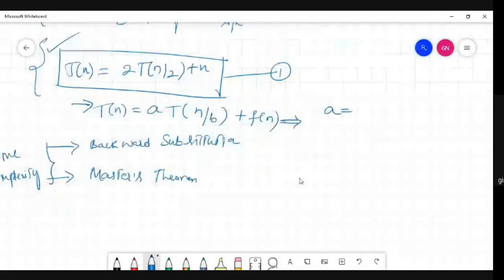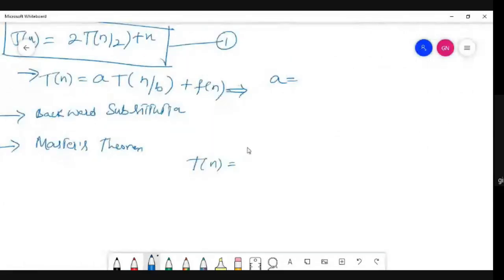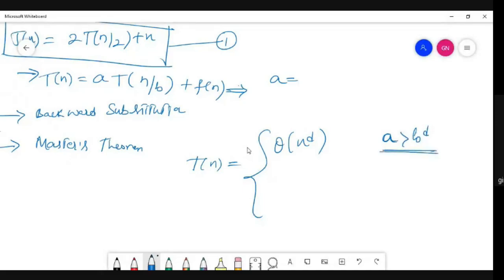T of n is theta of n power d whenever your a is less than b power d. The same way, whenever your a is equal to b power d, you replace it with n power d into log n to the base b.